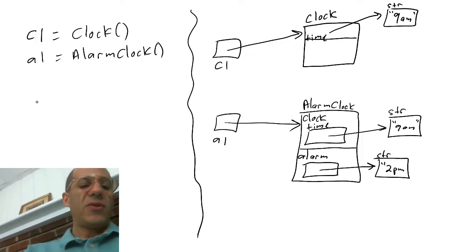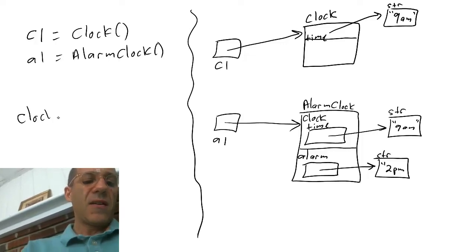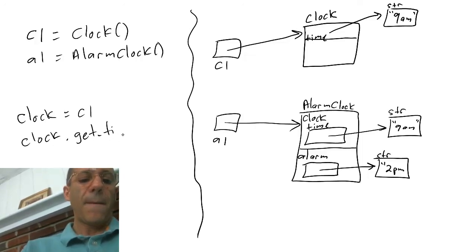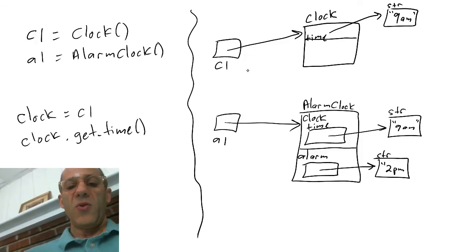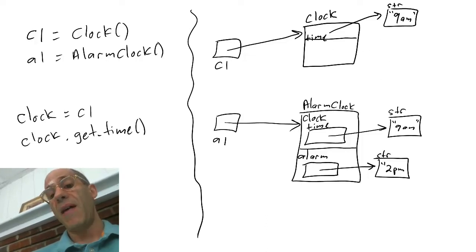So now when you say something like clock equals C1, and then you say clock dot get time, what you're doing is calling the method that is defined inside of clock. Now, we didn't draw the functions, the methods, inside of our memory representation because we haven't been doing that so far.